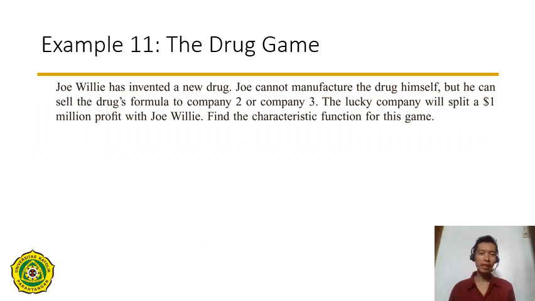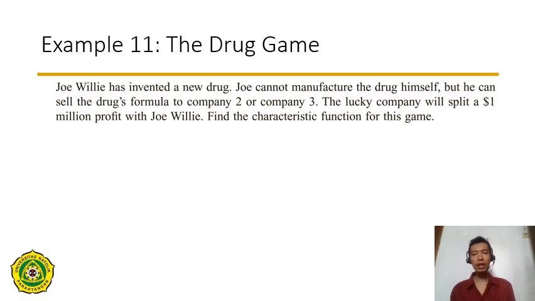Now let's see an example. In this example, Joe Willie has invented a new drug. However, he cannot manufacture the drug. He just has the recipe of the drug. So he can sell the drug's formula to company 2 or company 3.